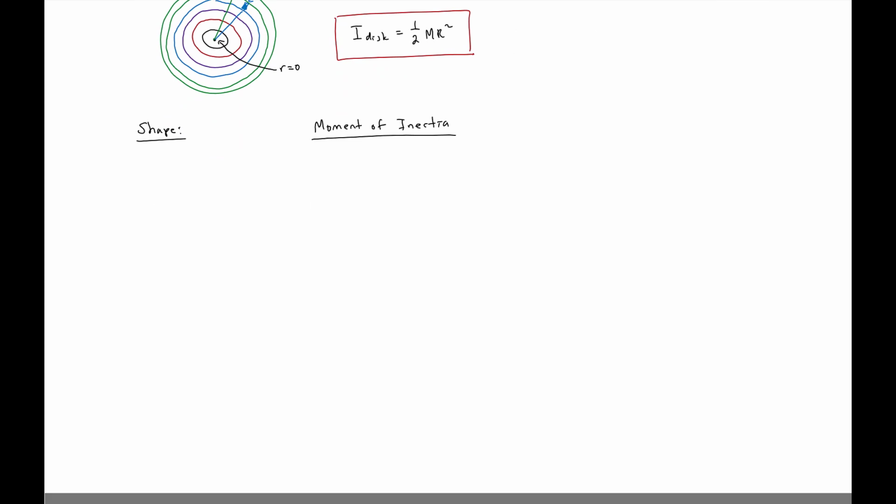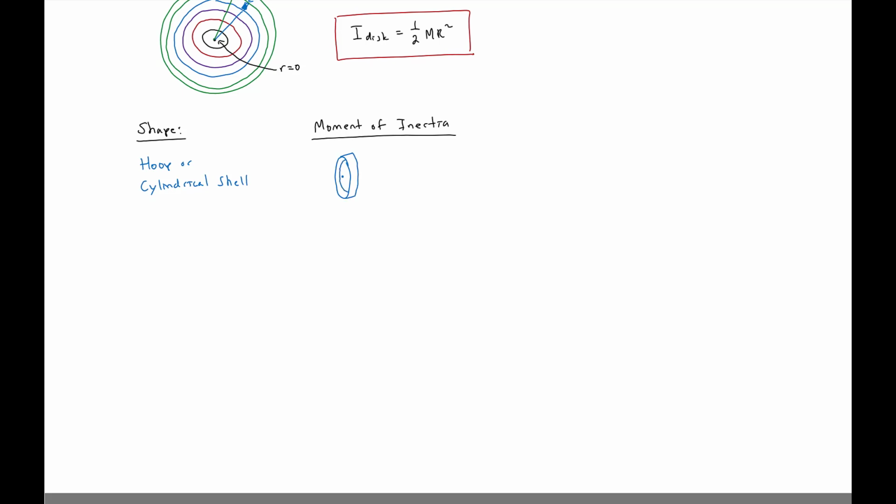If our shape is a hoop or cylindrical shell, that means you have something like this.